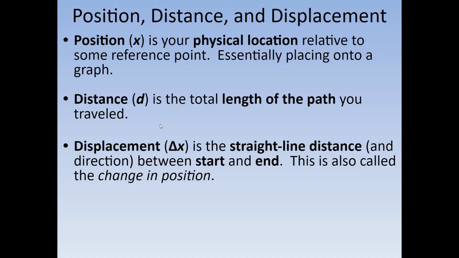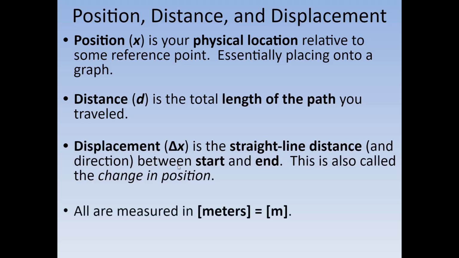So you go left, you go right, you go up, then you go down. Distance would be that entire path. Displacement, sometimes represented as delta x, this symbol just means change in position, is the straight line distance between where you started, your starting position, and your ending position. And like I said, sometimes we also call this your change in position because that's essentially what's going on.